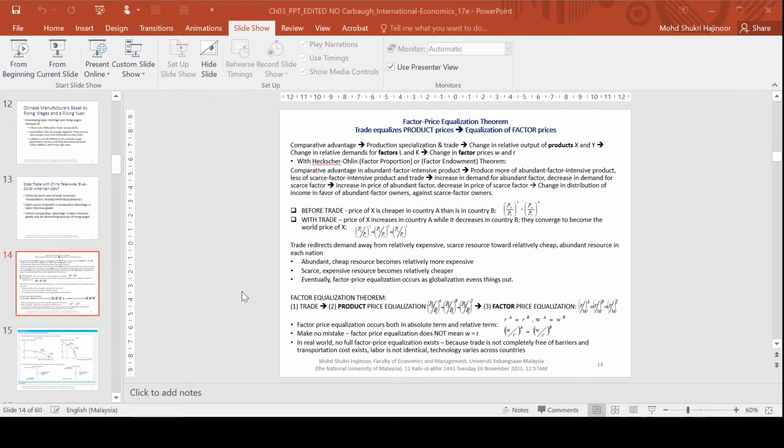Now, China specializes in textile, which we assume is labor intensive. Wages were low because many laborers were available in China, but China will use more labor.